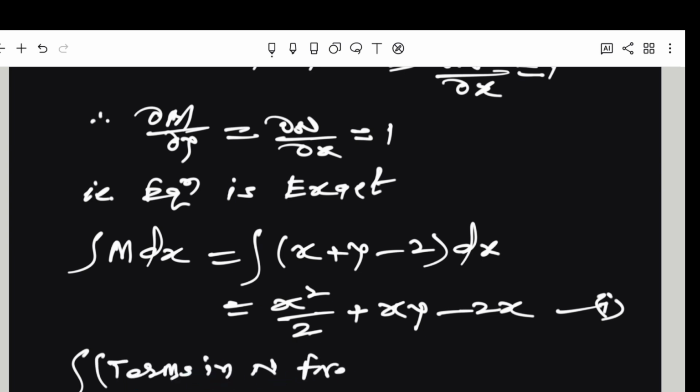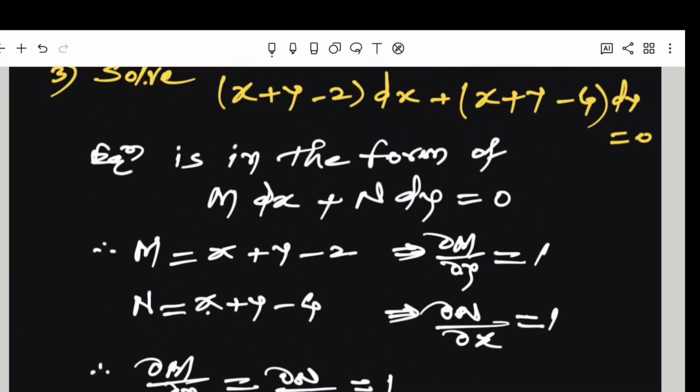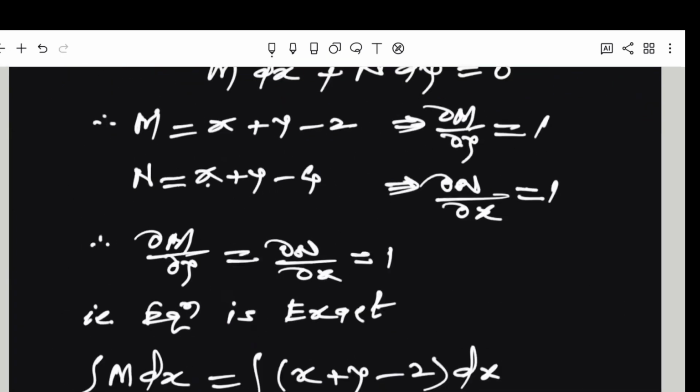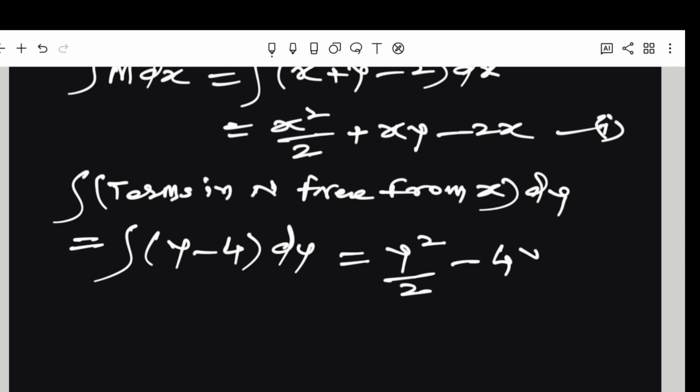Then terms in n which are free from x, that term we have to integrate with respect to y. Is there any term which is free from x in n? Yes, there are two terms, y and 4. Therefore y minus 4, and its integration with respect to y is y square by 2 minus 4 into y. Equation number 2.